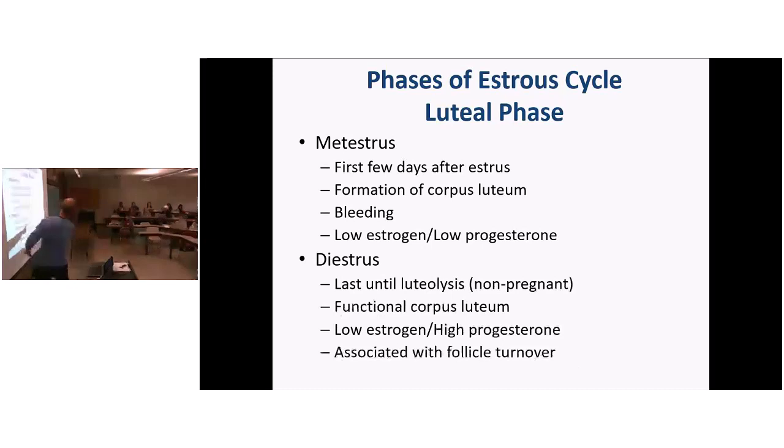Again, the estrus, first days of the cycle, formation of the corpus luteum, low estrogen, low progesterone, bleeding, and we'll go into that a little bit. It doesn't happen in all species, but this is one of the symptoms that happen when you have sudden drops in some of these hormones.